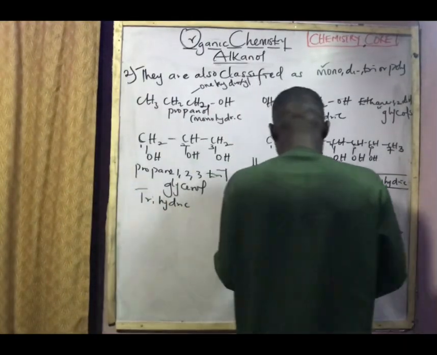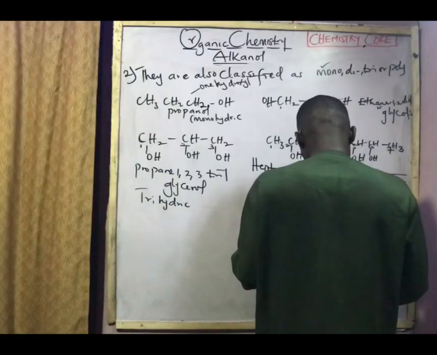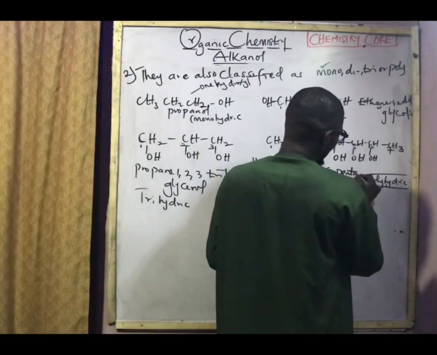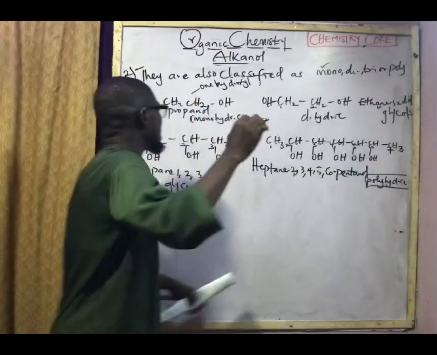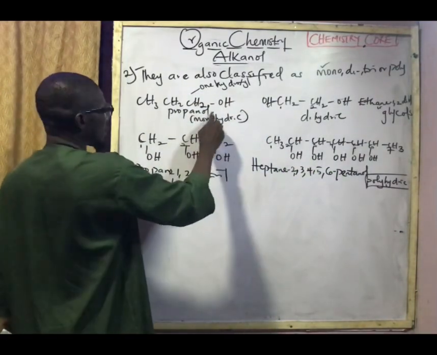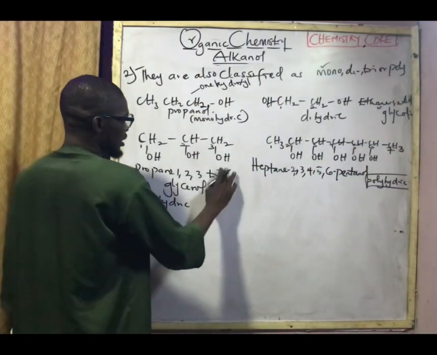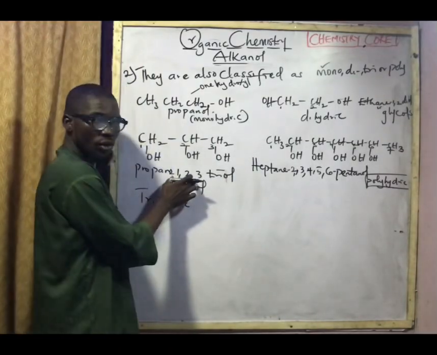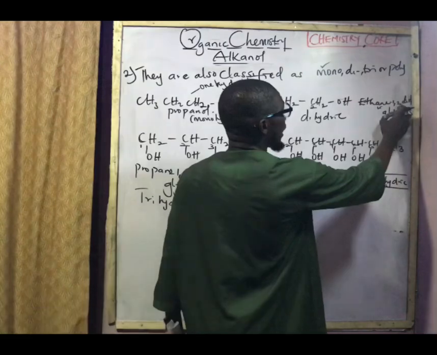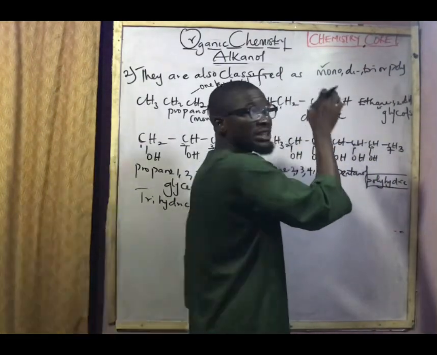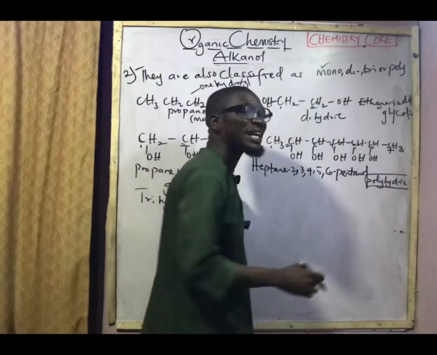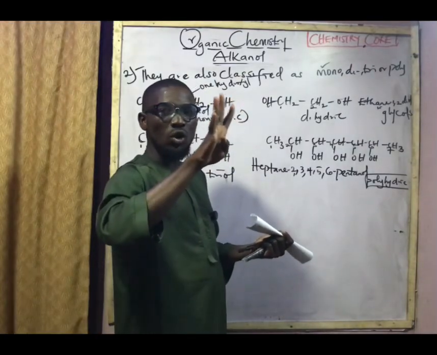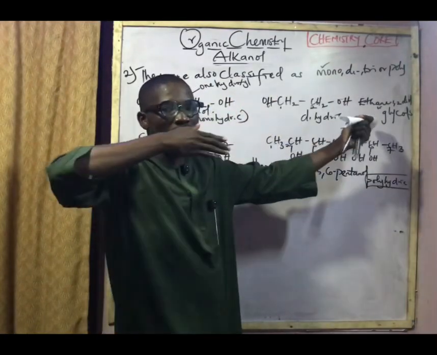So you have pentanol. Just like we have propanetriol because it is 3 OH, just like we have diol because it is 2 OH attached to it, we use pentol here because it is 5 OH attached to the longest chain.